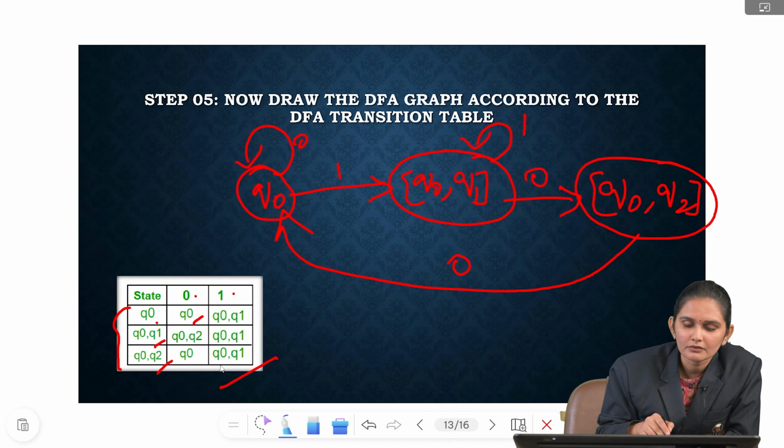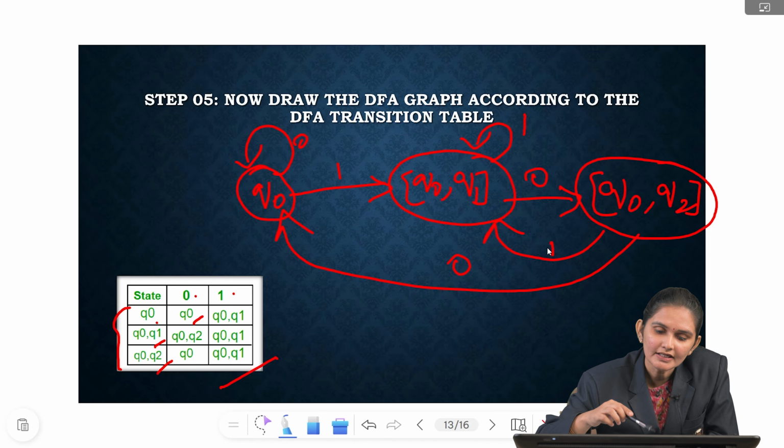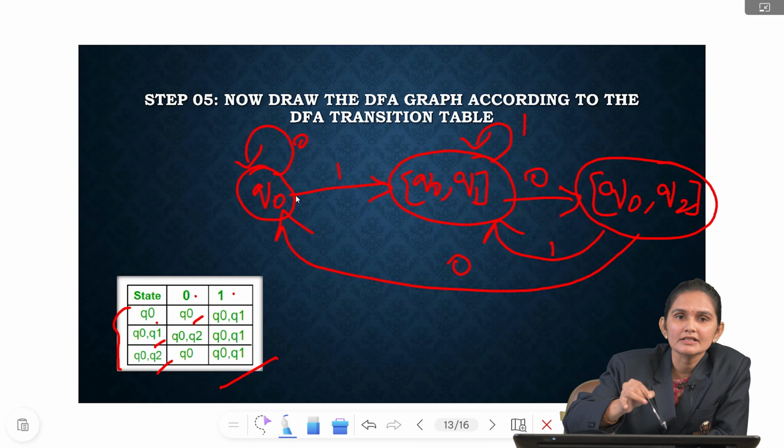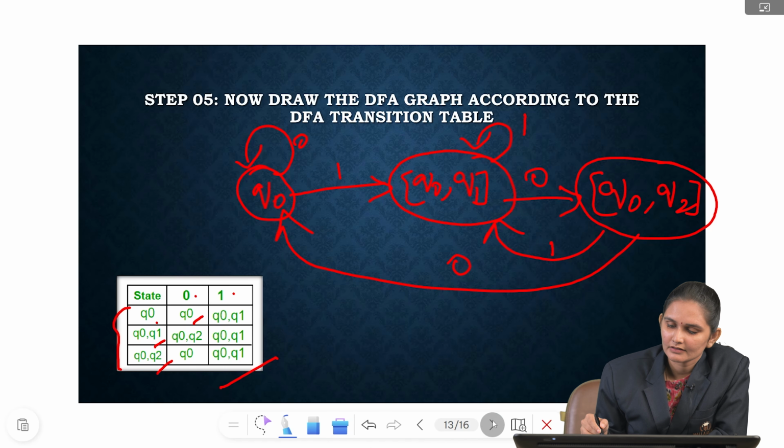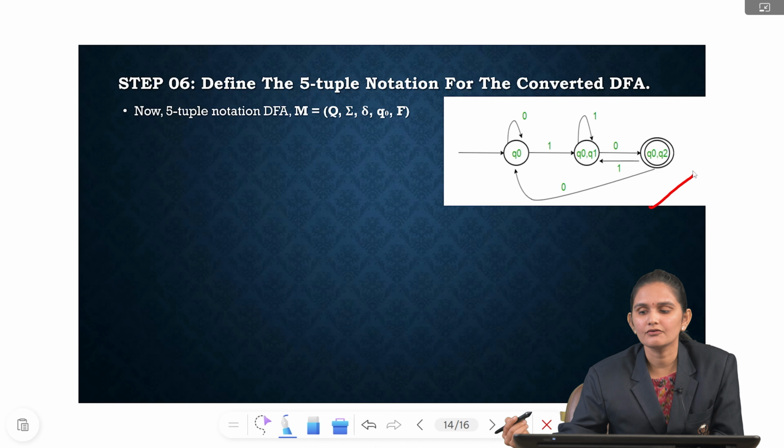Q0, Q2 on 1 is going to Q0, Q1. So this is the final DFA graph after converting from the NFA graph. If you observe here, we got every input symbol from each state. So this is our formed DFA graph.